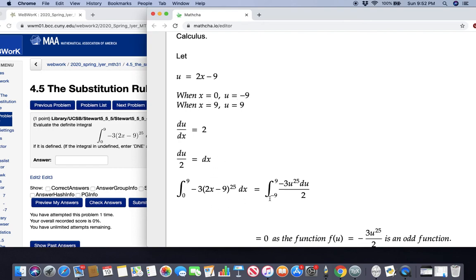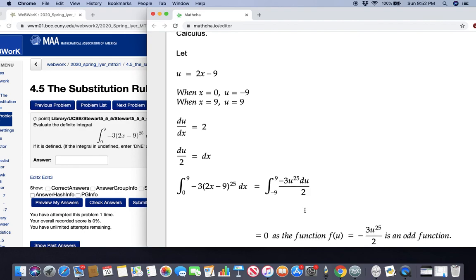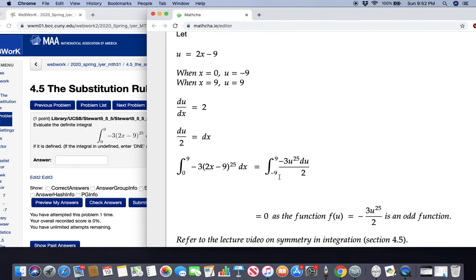Align the limits: when x is 9, u is 9. Negative 3, u to the power 25, and dx is du over 2. But notice this is negative 9 to 9 of an odd function.